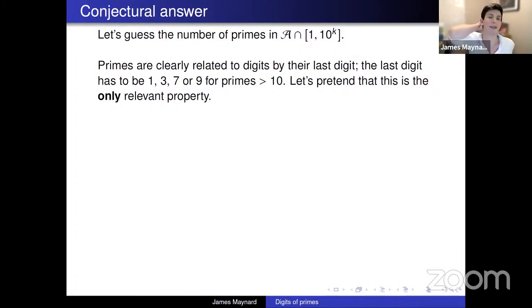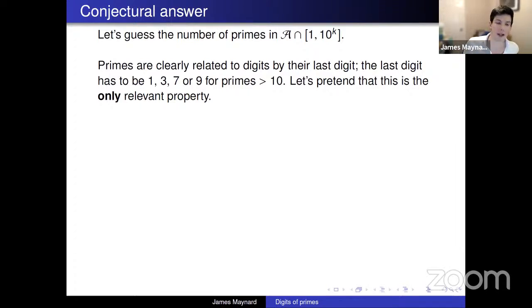But unfortunately, it's clearly not the case that being prime is completely independent of properties of the digits. So the last digit of a prime is obviously quite heavily restricted to being either 1, 3, 7, or 9 in base 10, at least for primes bigger than 10.